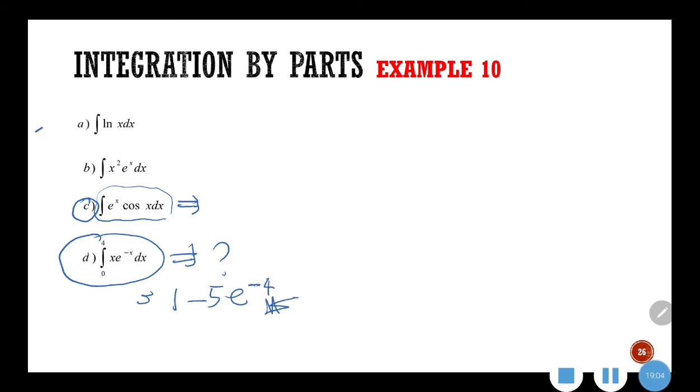Okay, tapi satu lagi saya nak bagi hint dekat you to integrate e to the power of negative x dx. Kalau kita integrate e to the power of x dx, kita akan dapat e to the power of x balik, betul? Okay, because this one is actually, x ni, kita differentiate x, you dapat 1.